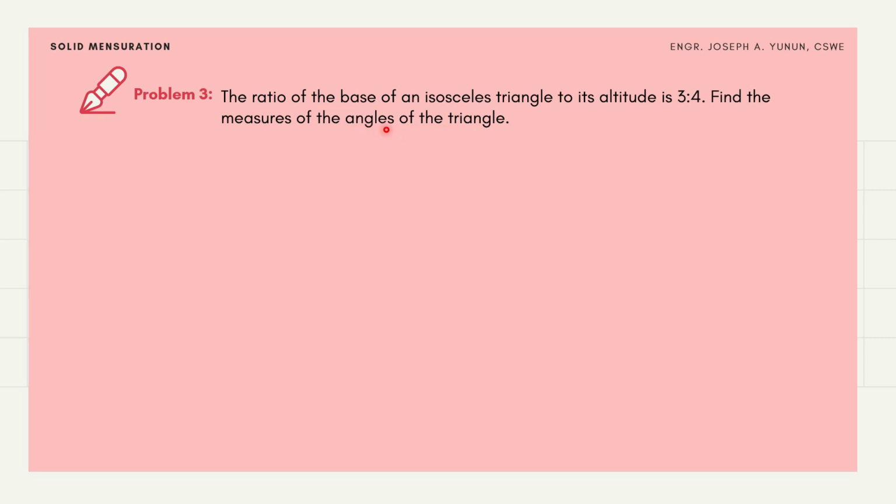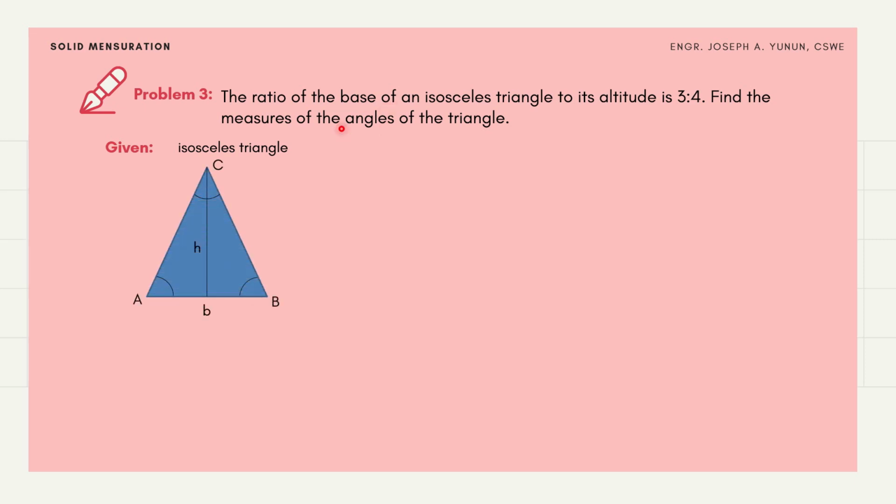If you're familiar with a triangle, it has 3 vertices, so we will be determining the angles of the triangle, which are angle A, B, and C, as represented in the given figure. Based on the given, you have an isosceles triangle. So let us draw an isosceles triangle with 2 congruent sides and 2 congruent base angles.